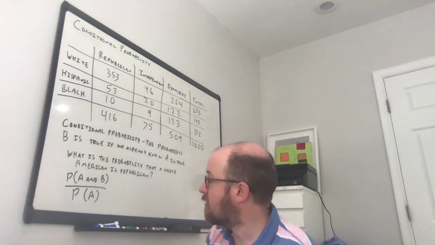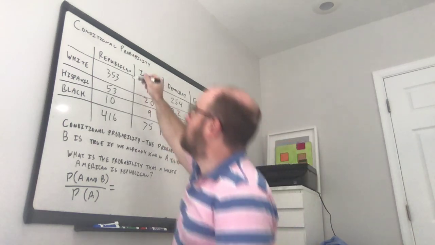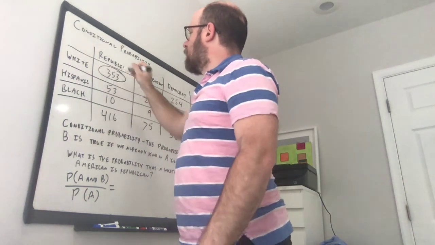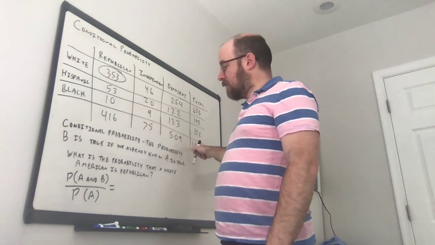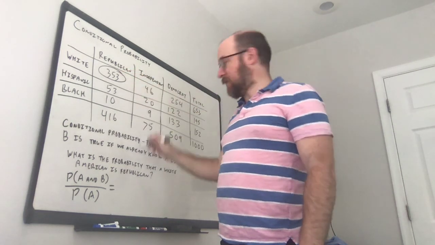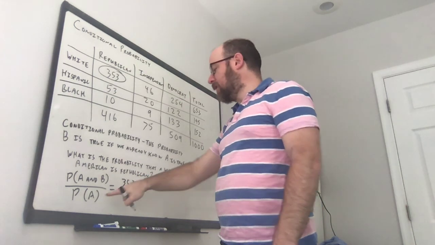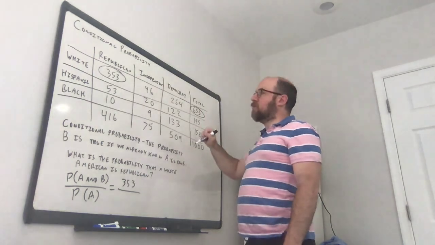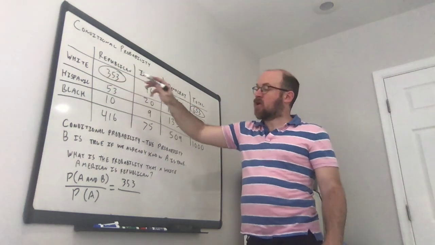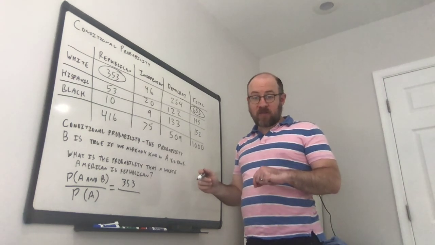In this particular case, there are 353 people in the sample of 1,000 that are white and Republican. We divide that by the total number of whites, since we're looking for the probability that they're Republican given that we already know that they're white.